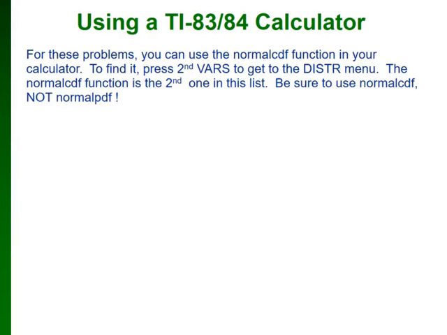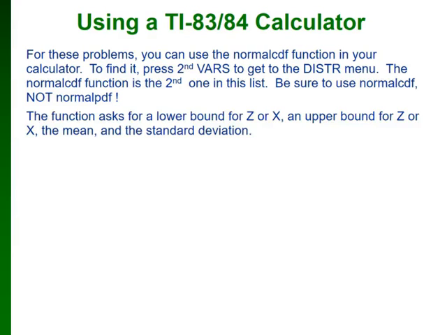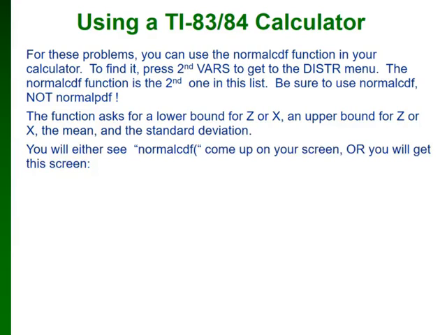If you're trying to use your graphing calculator, what you'll use is the normal CDF function. To find it, press second and the vars key to get to the distribution menu. The normal CDF function is the second one in the list. Be sure to use normal CDF and not normal PDF. This function asks for a lower bound for either z or x, an upper bound, the mean, and the standard deviation.